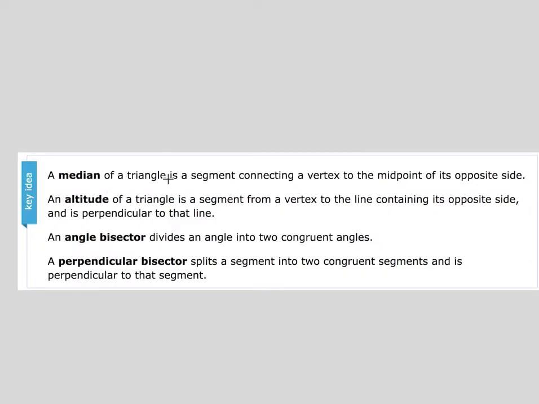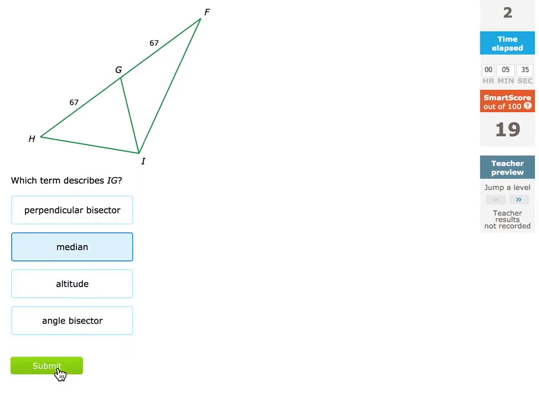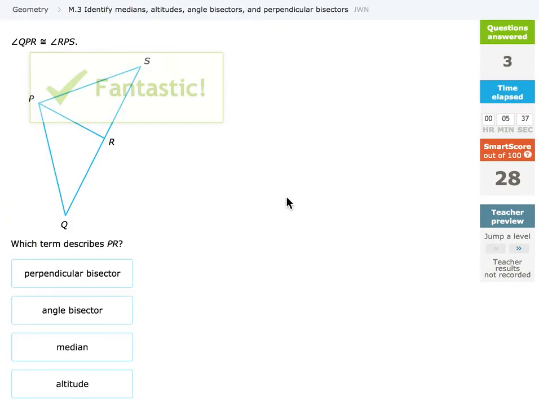A median of a triangle is a segment connecting a vertex to the midpoint of its opposite side. From the vertex I, it's connecting to the midpoint, exactly halfway between F and H on the opposite side. G is right in between the two, and we can assume that because 67 is equal to 67, so two equal parts. That is a median. That's the idea behind these problems.